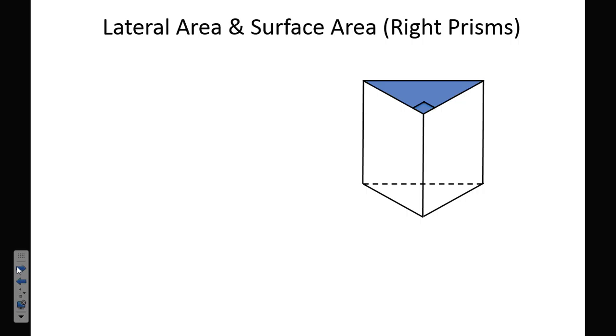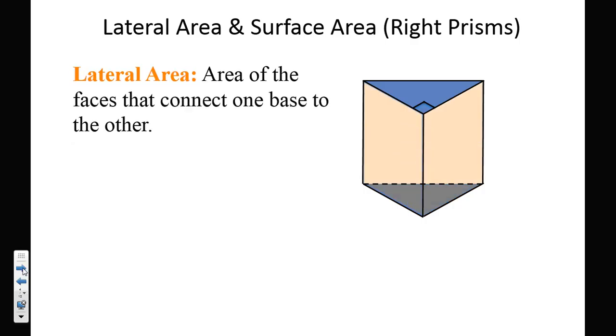A triangular prism, okay? It has two bases. Both are triangles. So when we want the lateral surface, we're talking about those three sides that are not those two bases, those three rectangles. To find the lateral area, we're finding the area of the faces that connect one base to the other. So the lateral area is the area of the faces that connect one base to the other.